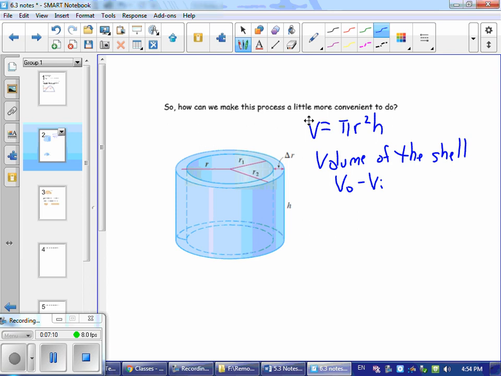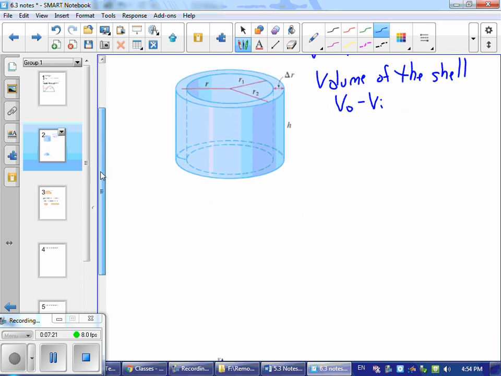Okay, so we can actually do an equation here to help figure this out. We're going to come up with the actual equation that's going to help us with this. I'm going to try and keep the picture up there on the screen while I do this. All right, so the volume. Remember that volume is pi r squared h, so I'm going to take pi r2 squared.